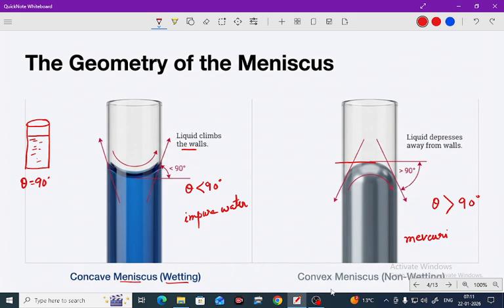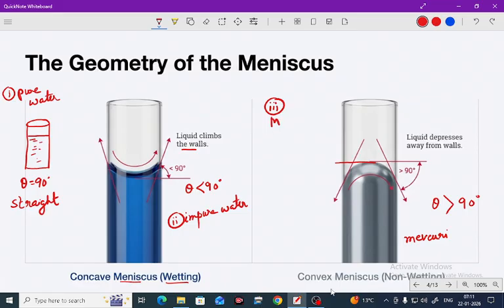And in this case, the surface is straight. Number 1 is pure water, number 2 is impure water, and number 3 is a case of mercury.